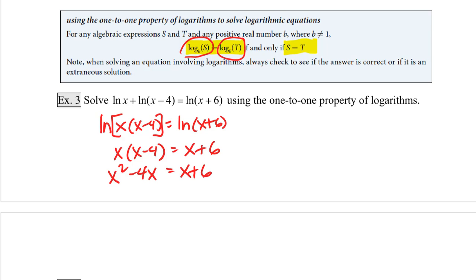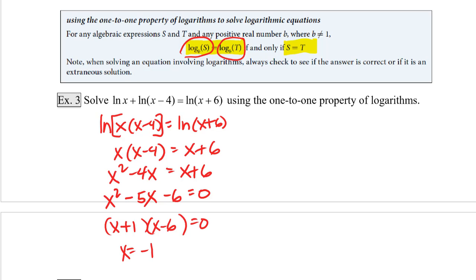Since this is a quadratic, I'm going to have to move everything to the left, so I will subtract x and subtract 6, and I get x squared minus 5x minus 6 is equal to 0. I'll factor this, and the factors of negative 6 that add up to negative 5 are x plus 1 times x minus 6, which gives me the solutions x equals negative 1 and x is equal to 6.